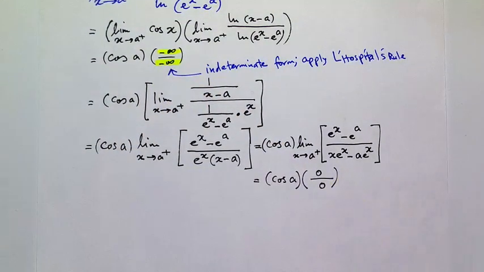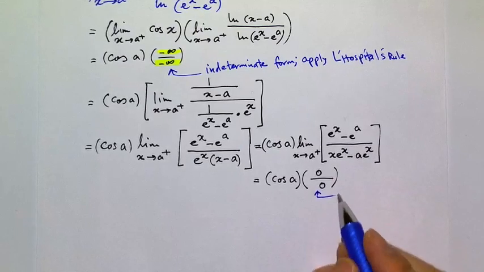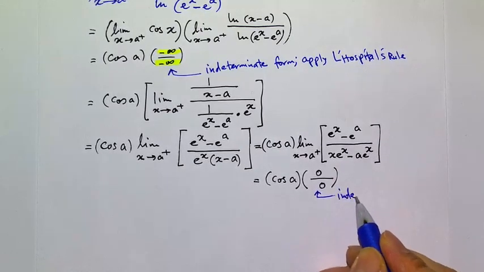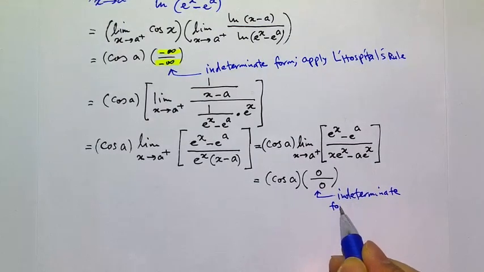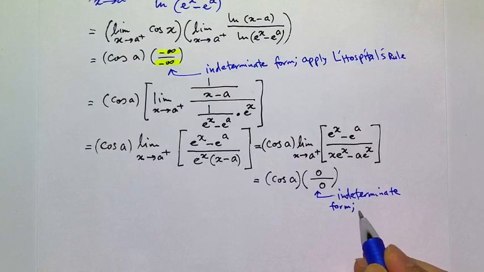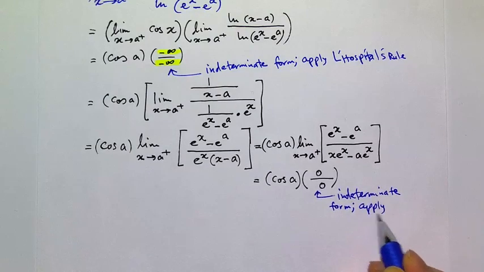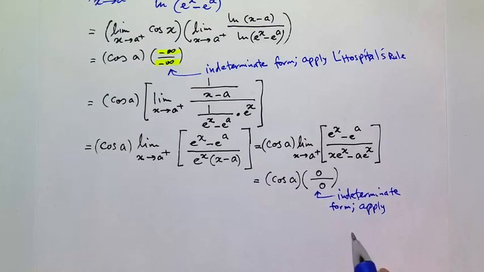Now we're getting, again, an indeterminate form, so we will need to apply the L'Hopital rule a second time. So let me just write that down: indeterminate form, apply L'Hopital's rule.